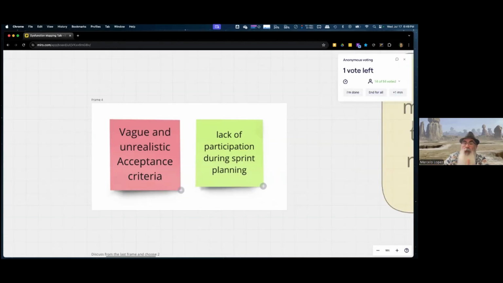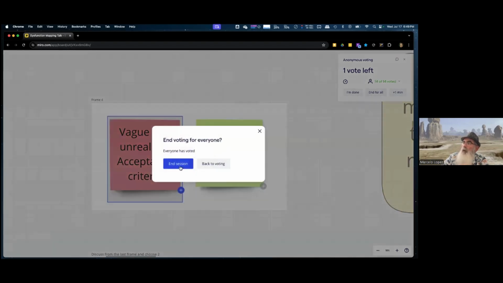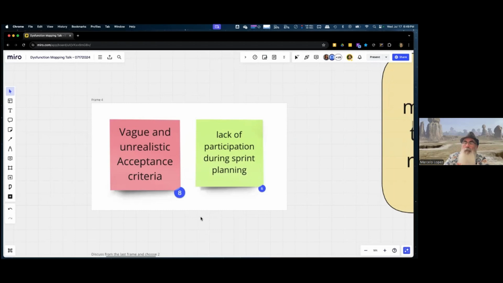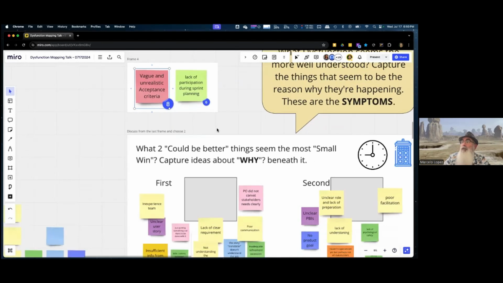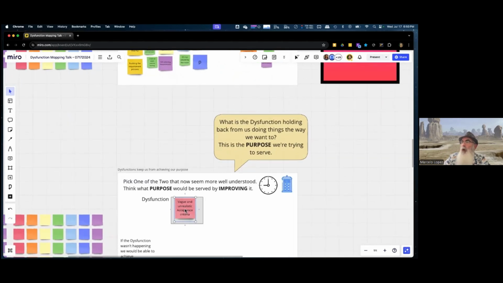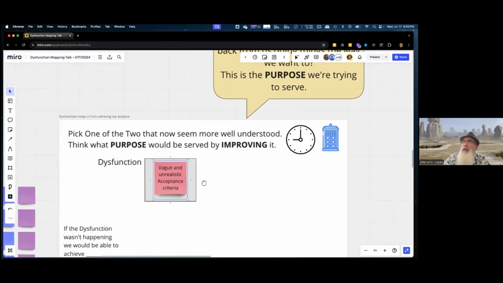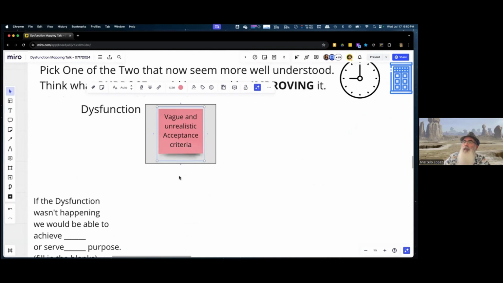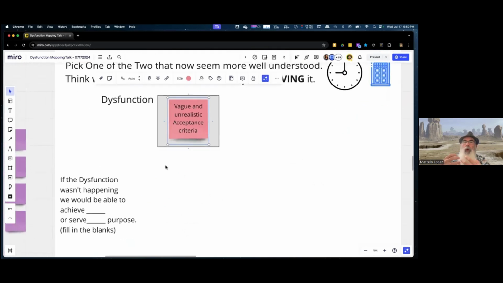Okay, folks, for those of you who are not on the board, I'm going to apologize, but I'm going to end our voting now. And there are our results. By a somewhat decent margin, vague and unrealistic acceptance criteria has been chosen as the dysfunction that we're going to look at. And so the next step is to connect this idea of acceptance criteria with what we call the purpose.